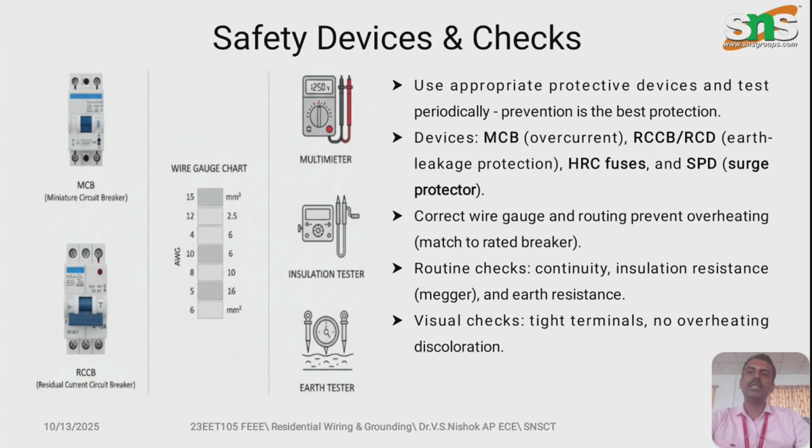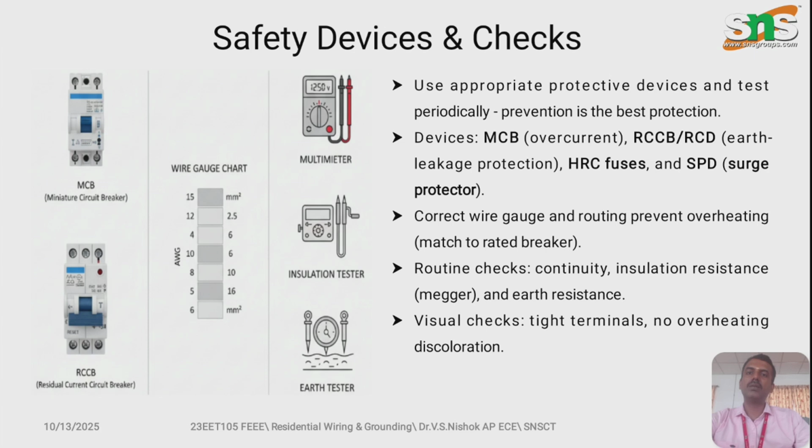Likewise, SPD, surge protection devices. These are the main safety devices that we need to install while we are building a house or residential area. They will avoid unwanted current flow inside the house during any voltage or power fluctuations, so this will make it safer.